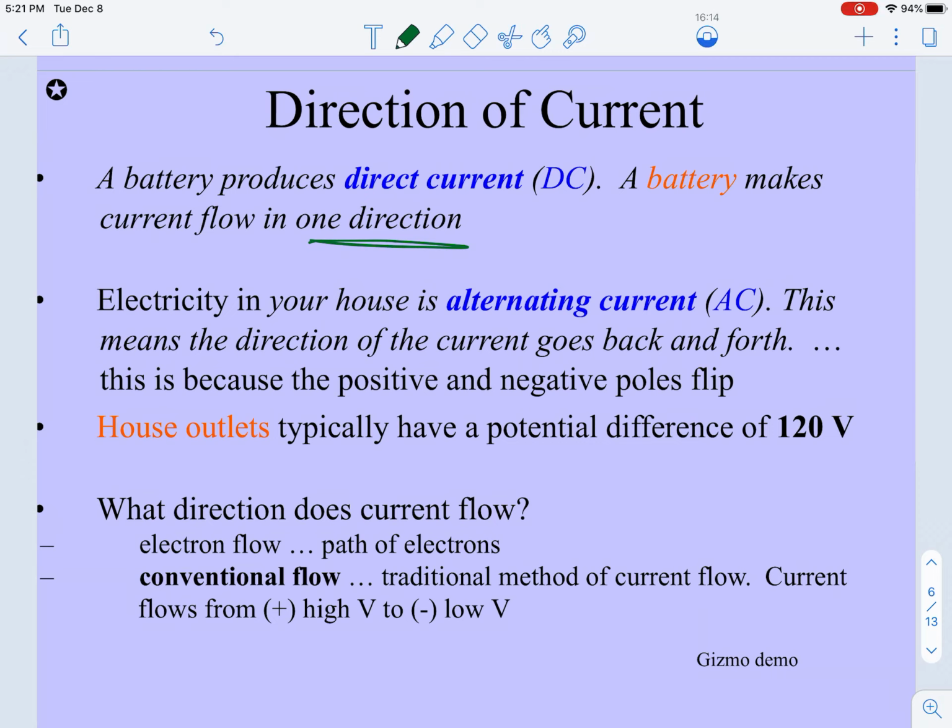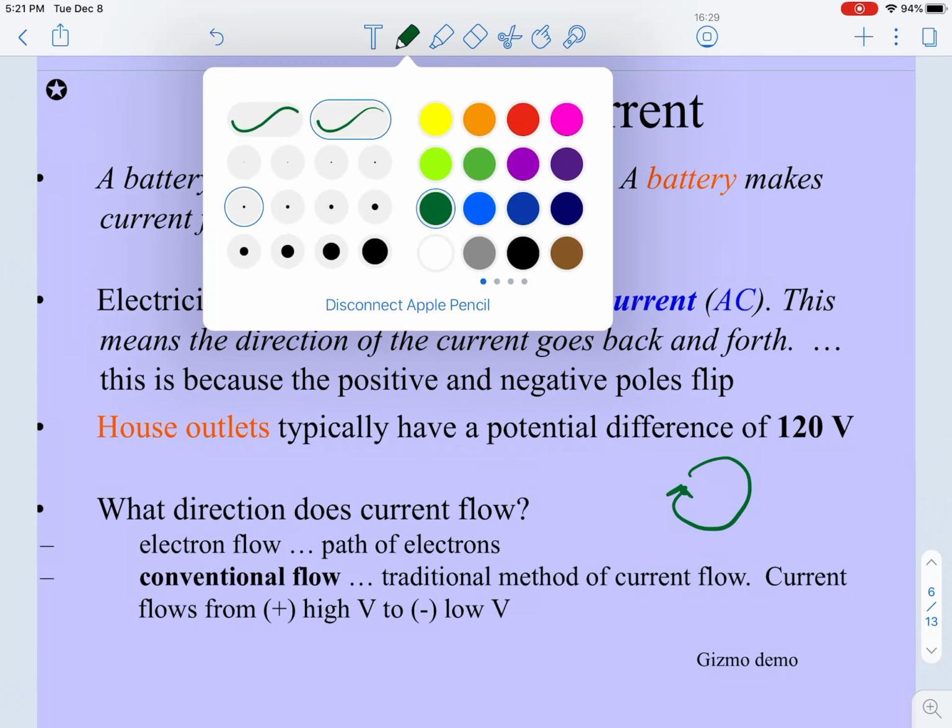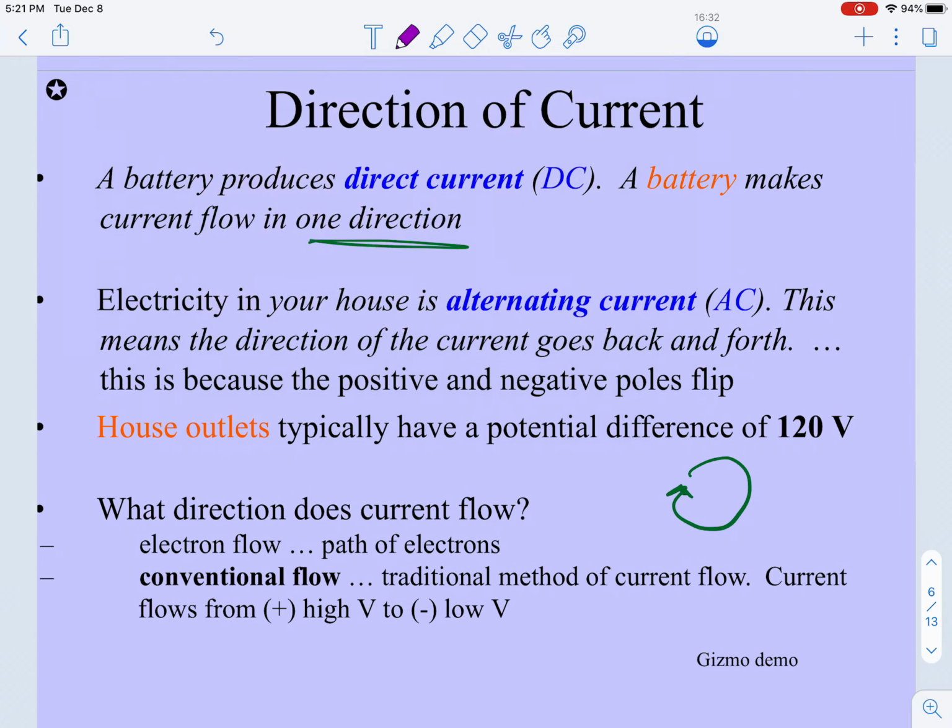If we have an alternating current, where those positive and negative poles actually change, those electrons are going to perhaps be moving clockwise in the original setup, but then if the poles flip, well, because of the whole positive negative interaction, instead of my electrons moving clockwise, if the poles become reversed, the electrons are going to change their direction in response to that, and so now they're going to move counterclockwise.